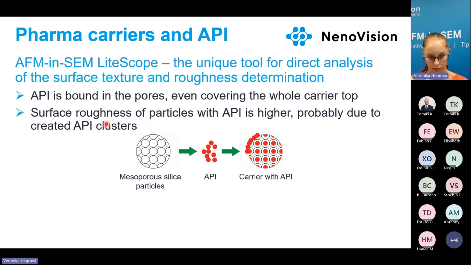And that is the reason why the surface roughness of the particle with the active ingredient is higher, as the active ingredient recrystallized and created clusters on top of it.